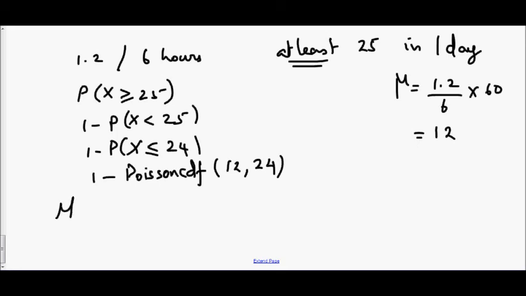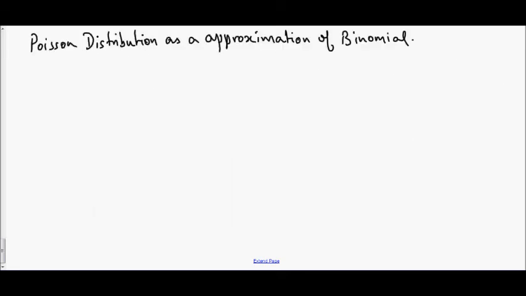In Poisson distribution, both mean and variance are equal to the value of mu. Now the conditions for the approximation: when p is very small and the number of trials is really huge.